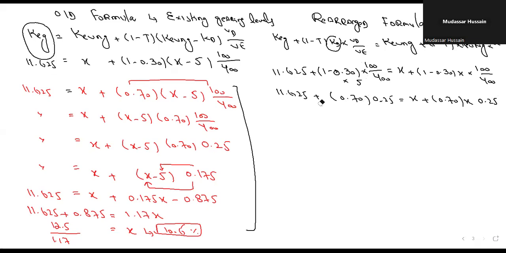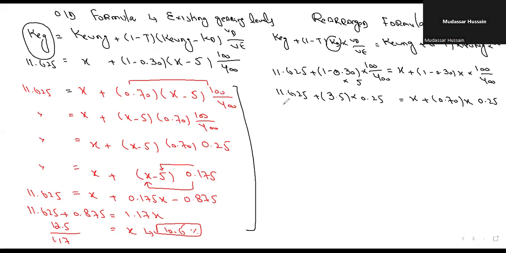So 0.7 multiplied by 5, what is the answer? It is 3.5 multiplied by 0.25.